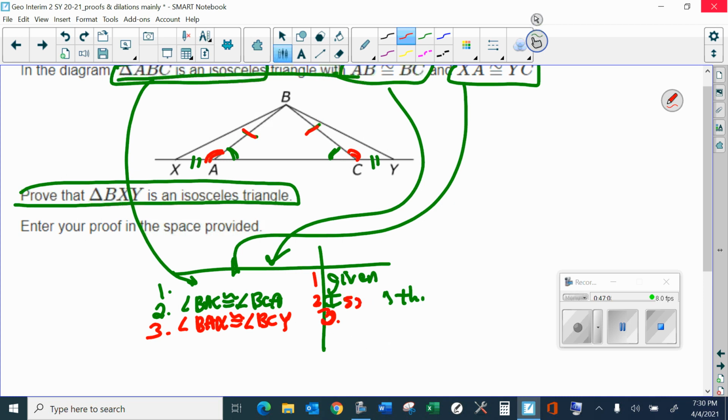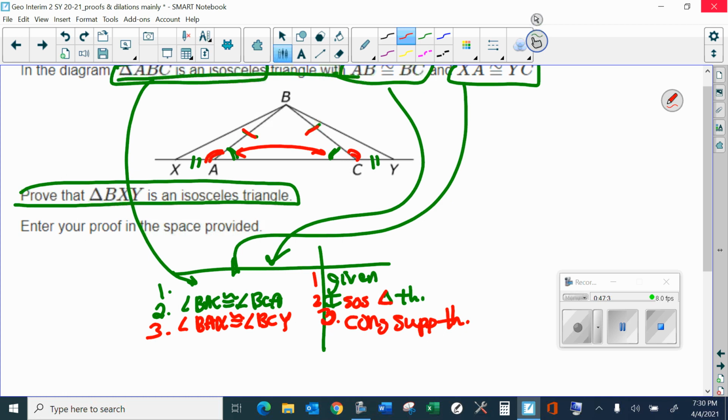Okay. Isosceles triangle theorem. Congruent supplements theorem. It says if two angles are congruent to the same angles, which are equal in this case, then those other angles are congruent.